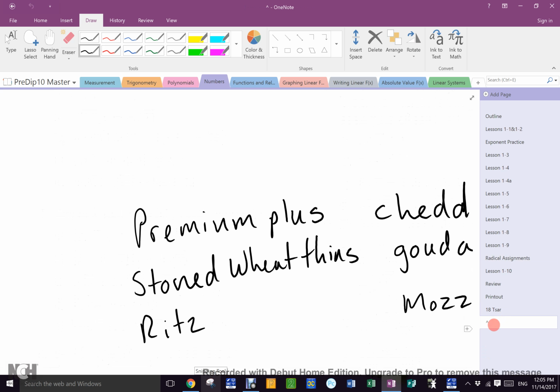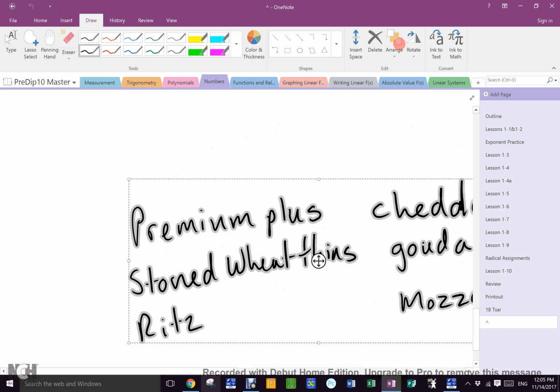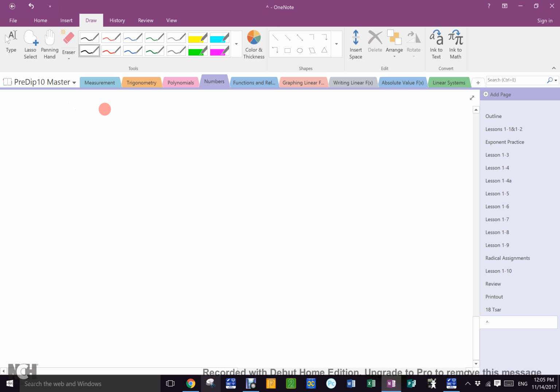I'll get us a nice clean page. 6 cube root 2 minus 4 root 13 times 6 cube root 2 minus 4 root 13. Then, of course, you would do FOIL.